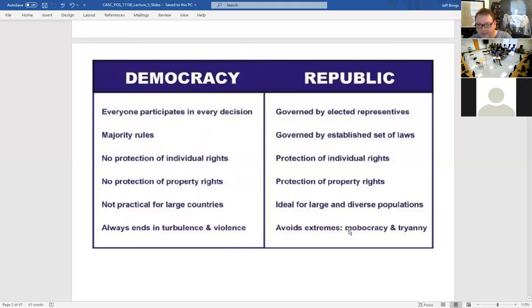Over here is complete rule by the people. Over here is rule by a king and a few people. So we're in the middle. We want as many people as possible to be a part of the government without it being a mob. So there's been a couple of movements that have moved our government more in this direction, but not all the way to the extreme.